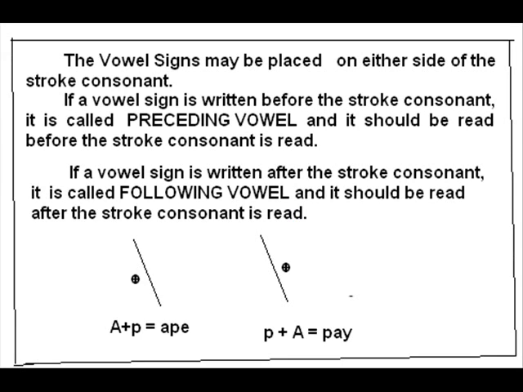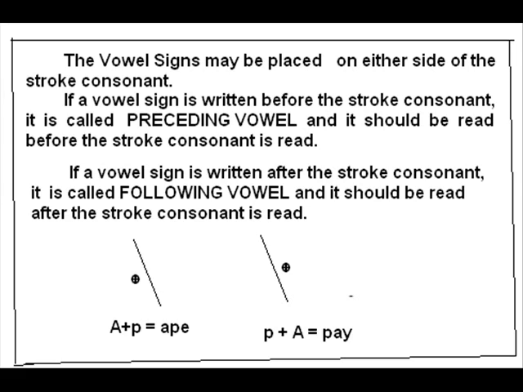The vowel signs may be placed on either side of the stroke consonant. If a vowel sign is written before the stroke consonant, it is called preceding vowel, and it should be read before the stroke consonant is read. You see the example. P we have written.